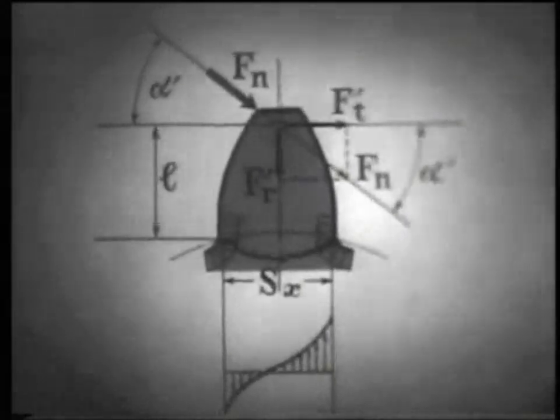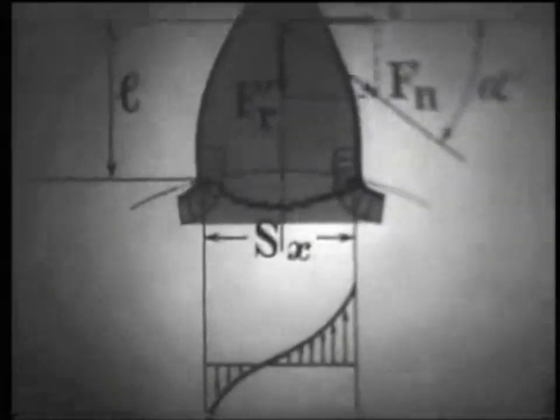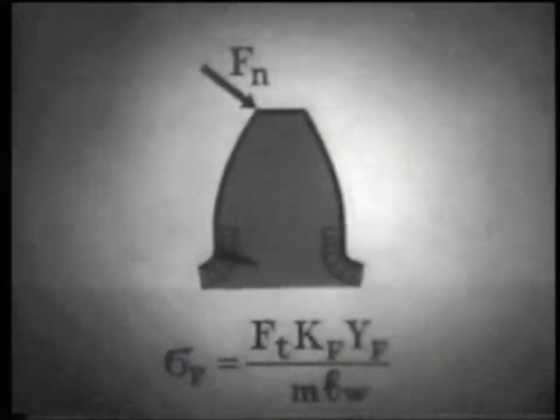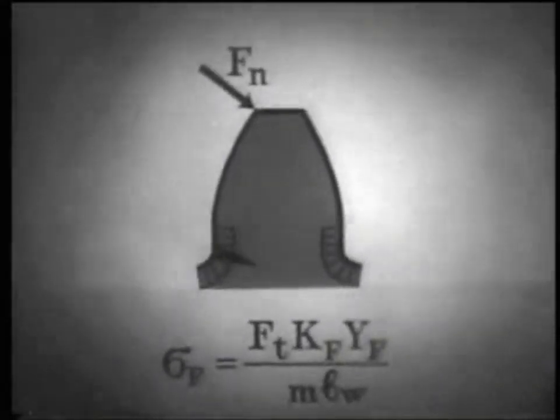The effective stress on the stretched side of the tooth, taking into account the stress concentration at the root of the tooth, is determined by the formula, where YF is the coefficient of the shape of the tooth, which determines its strength. Changing the area of the dangerous section of the tooth affects its bending endurance.